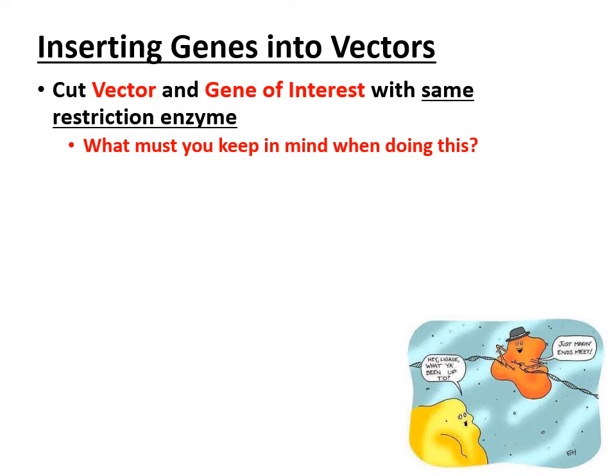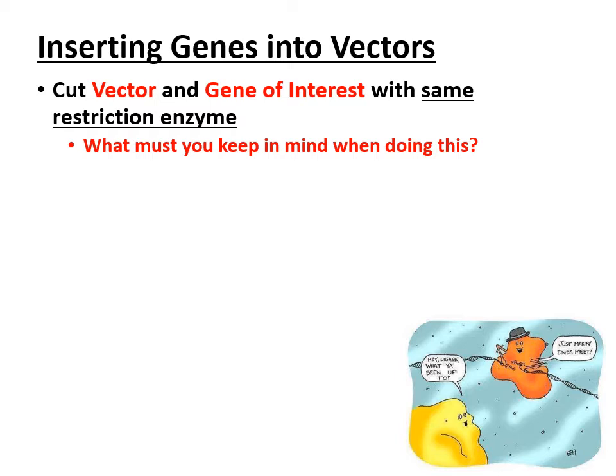You completely chopped it up and it becomes useless at that point. Okay, so you want to make sure you only cut the vector once. You also want to make sure you're not cutting into any genes that are necessary for plasmid stability or survival. If you cut an important gene, then you might end up killing the bacteria when you try to put that plasmid in, or the plasmid won't work.